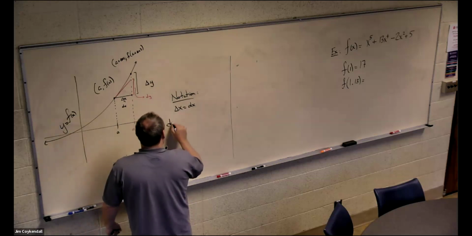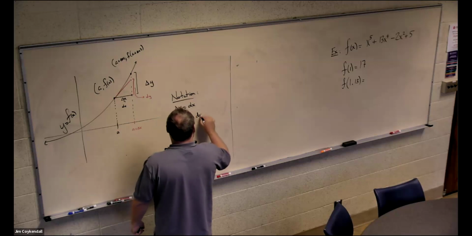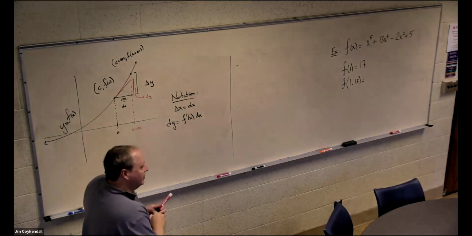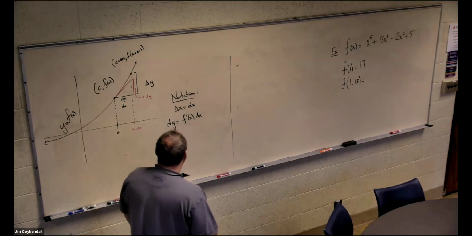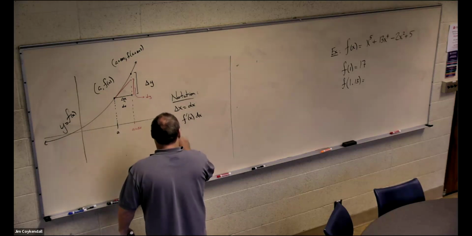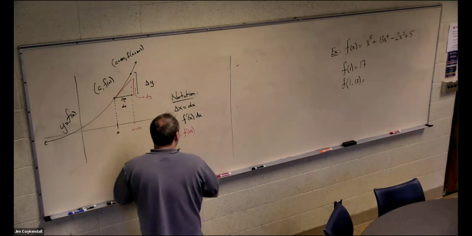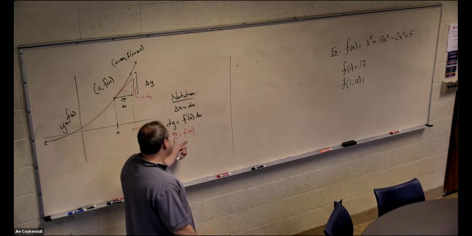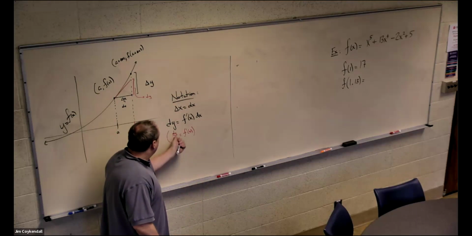dy is f prime of x dx. And I keep this notation because it will be useful as a mnemonic device later, not only in this course, but in others as well. This is an easy way to remember it. Although it's kind of sloppy of me, the instructor, it's a good mnemonic device. dy over dx is the derivative.